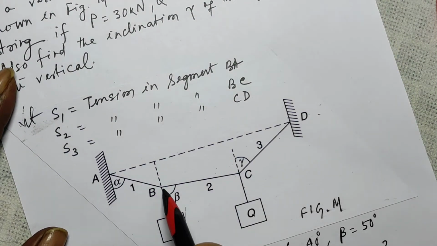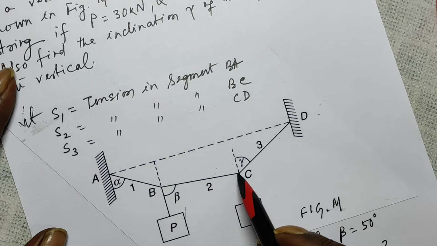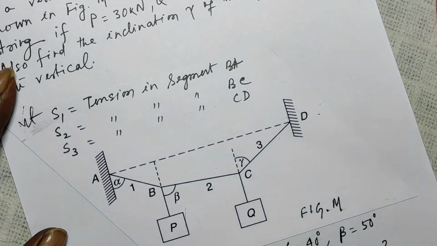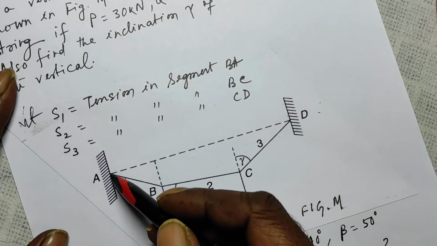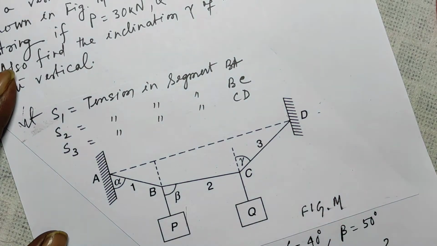This part from here to here is string 1, from here to here is string 2, from here to here is string 3. Here is a support point D.